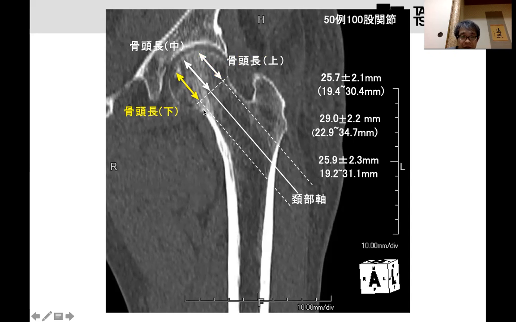If we insert the screw along this line, this length should be 25 millimeters. But if the thread is 20 millimeters and we insert 5 millimeters from the subchondral cortex, this length is already 25. There is virtually no space for the sliding.